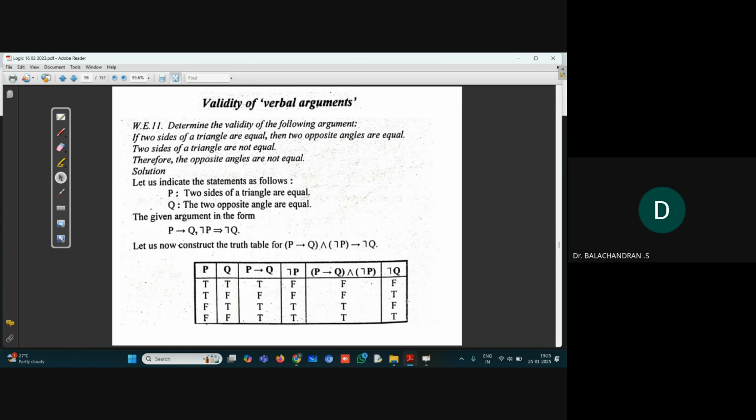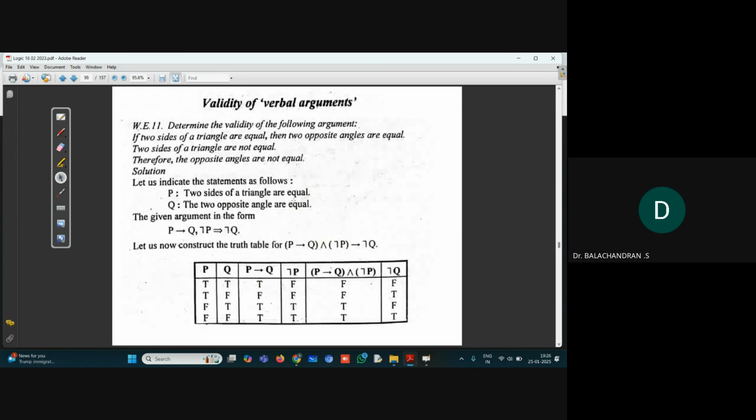So I have a false in the third place, and the remaining everything is true, and hence this is not a tautology. So this is not a tautology means this is not a valid statement. That's all. So this shows that P implies Q and negation P implies negation Q is not a tautology. Hence the conclusion, negation Q, is not valid.